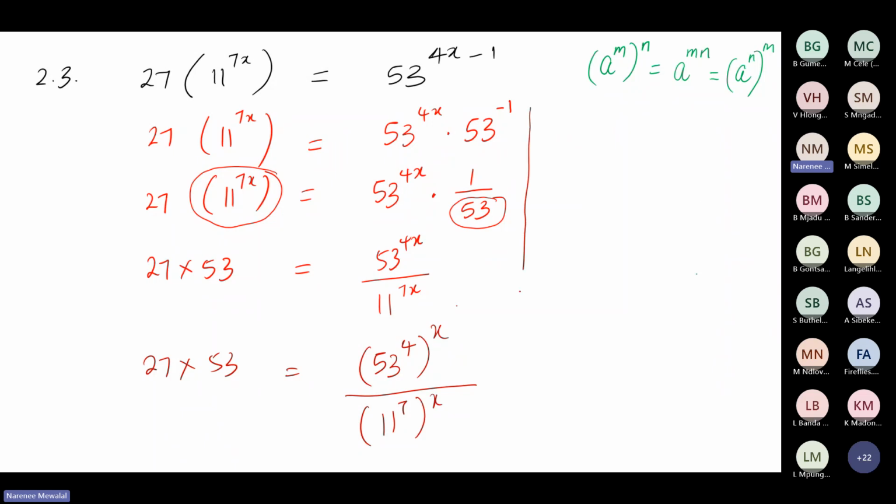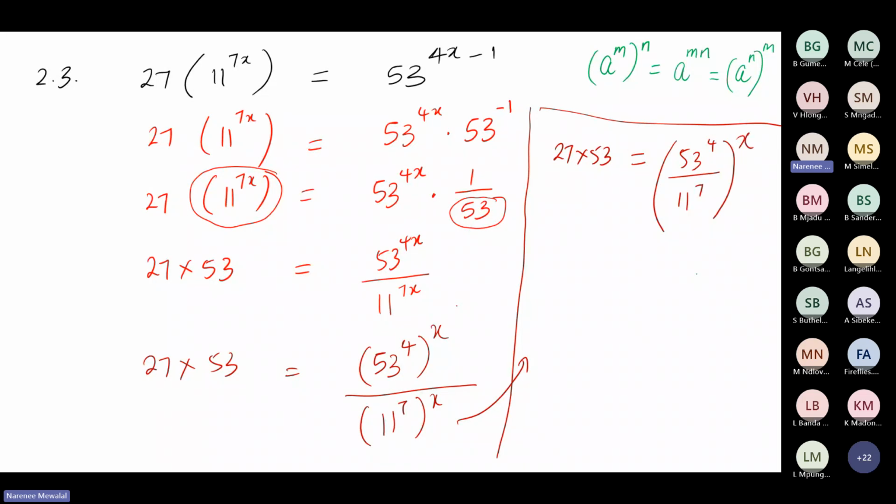And then that now becomes 27 times 53 is equal to 53 to the power 4 over 11 to the power 7 all to the x. Because again, the rule that says a to the x over b to the x can be written as a over b in brackets all to the power x. Okay? And then now you can introduce the logarithm on both sides.